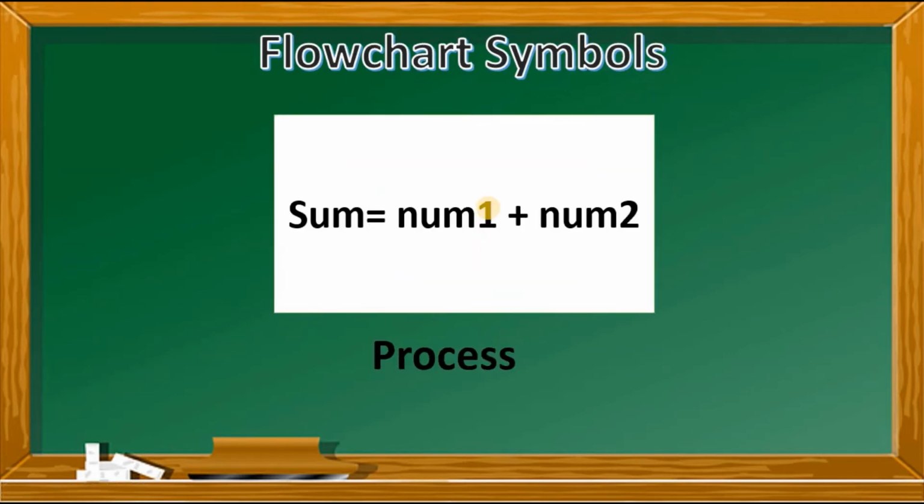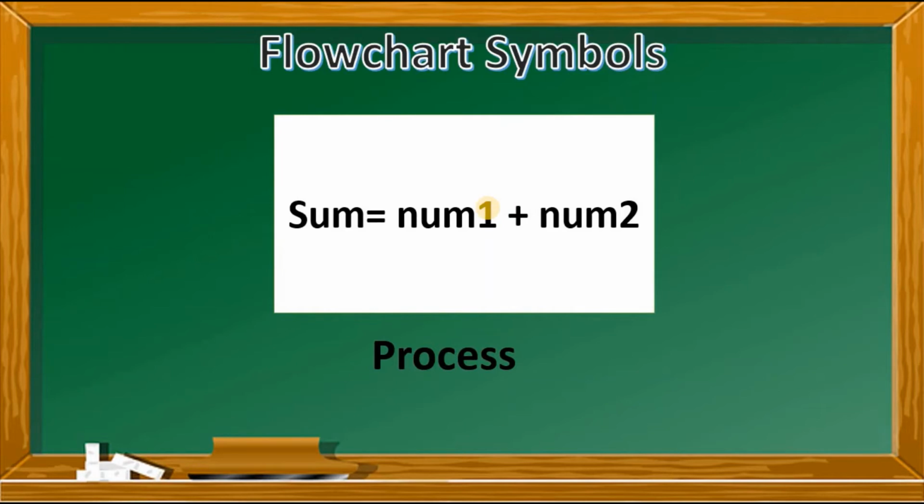And the next symbol would be the process, and the process indicates that this is where our calculating aspect takes place, such as if we're finding sum, what formula will we use to find sum? So we know that sum would be the adding of numbers. If we were finding the product, then we know that the numbers would be multiplied by each other.